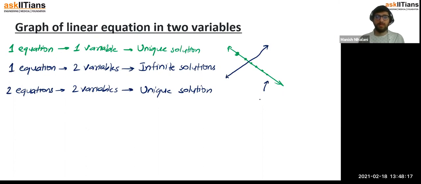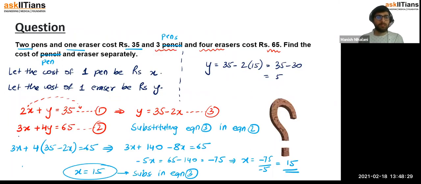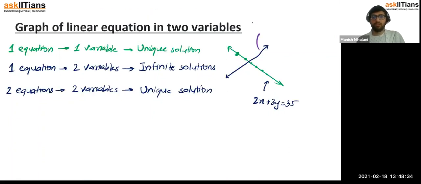In the previous example the equation of this was 2x plus y is 35. So if you plot that graphically you get 2x plus y is equal to 35, and we had one more equation, that is 3x plus 4y is 65, right? So you would say its equation is 3x plus 4y is equal to 65.